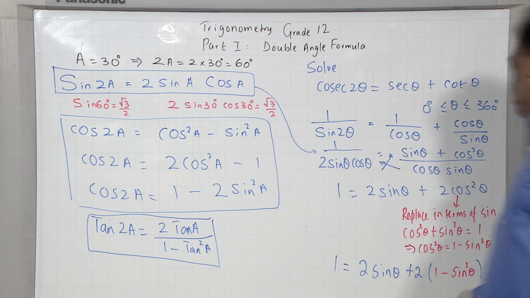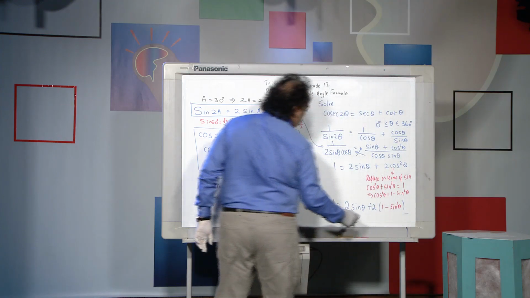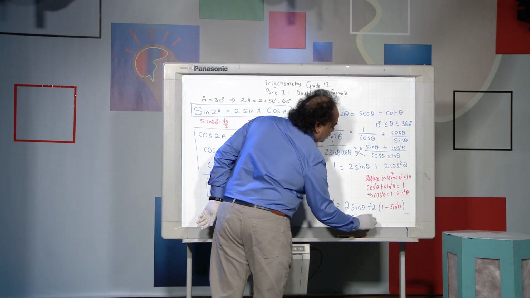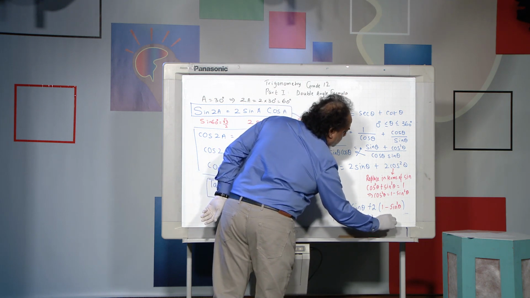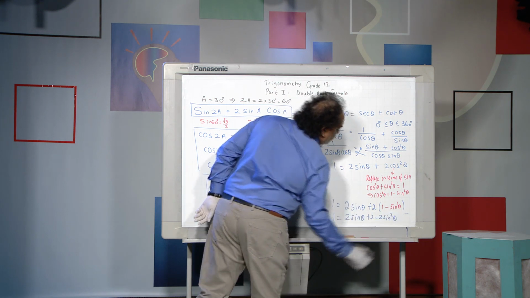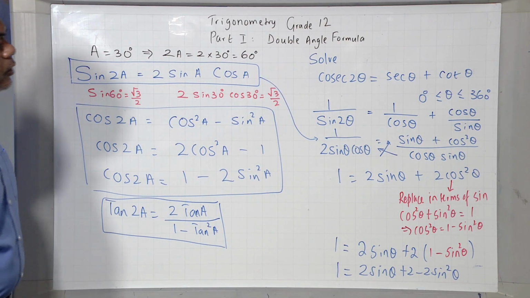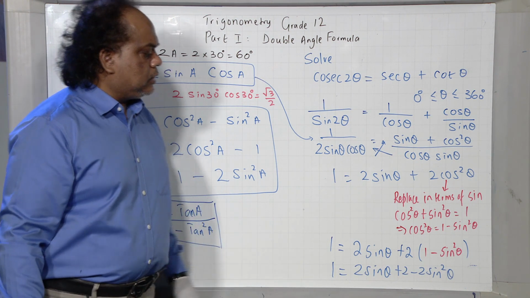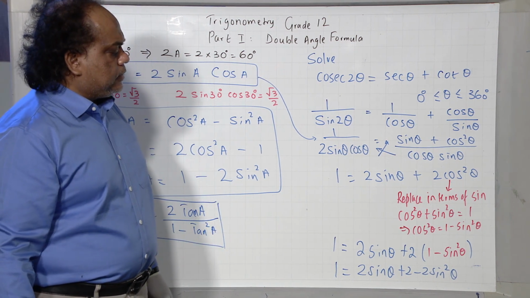So I obtain a quadratic equation in sine theta: 2 sine theta plus 2 minus 2 sine squared theta. And we are going to solve this quadratic equation in sine theta.